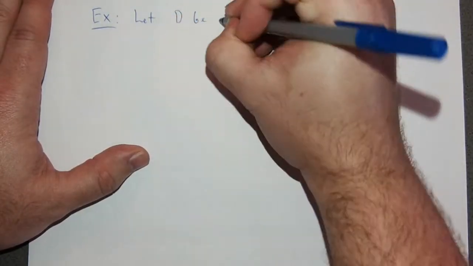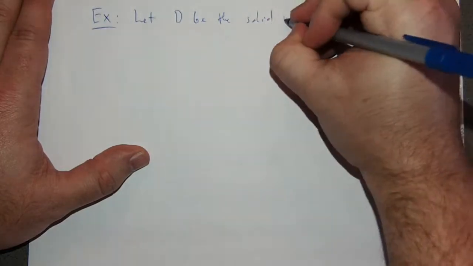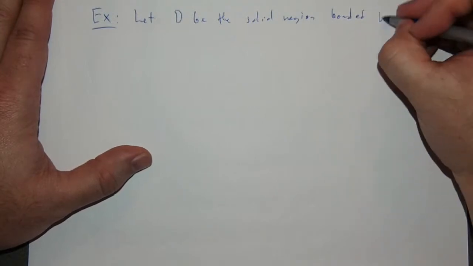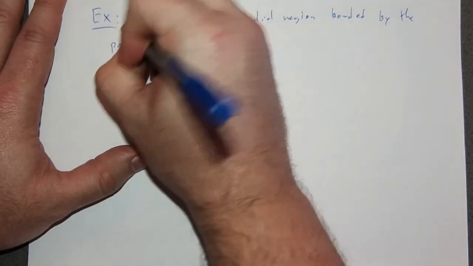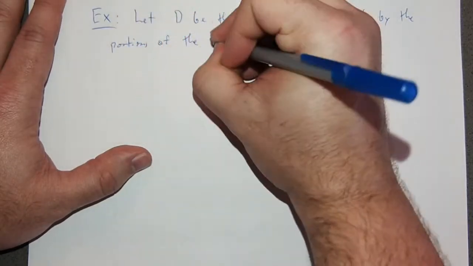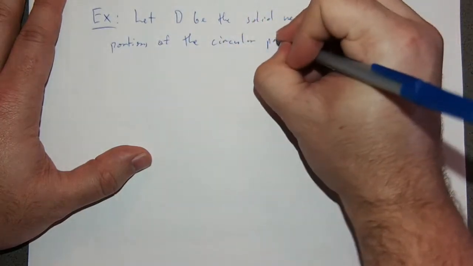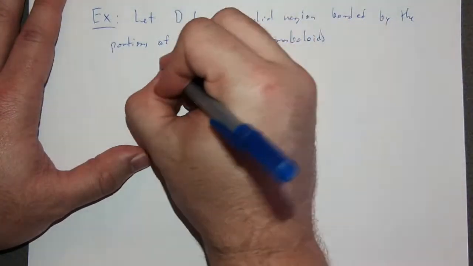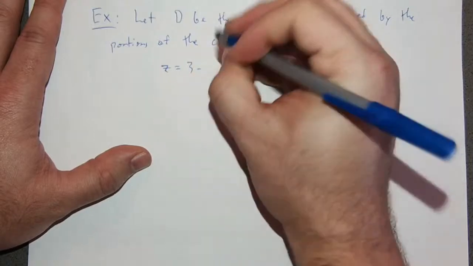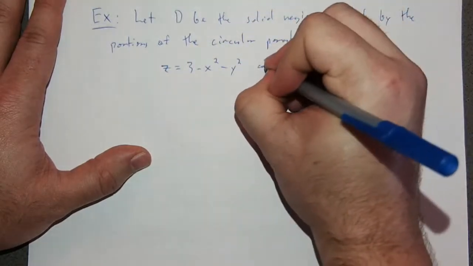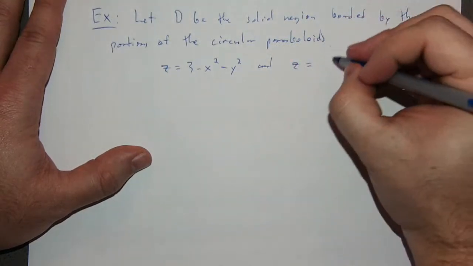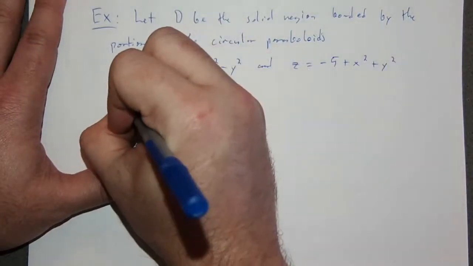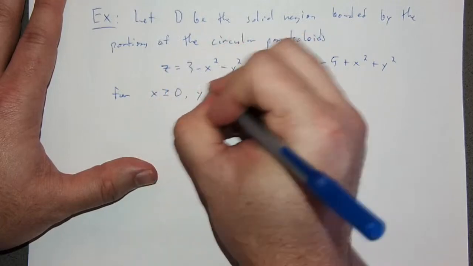So let D be the solid region bounded by the portions of the circular paraboloids z is equal to, we'll say 3 minus x squared minus y squared, and z is equal to minus 5 plus x squared plus y squared for x and y greater than or equal to 0.